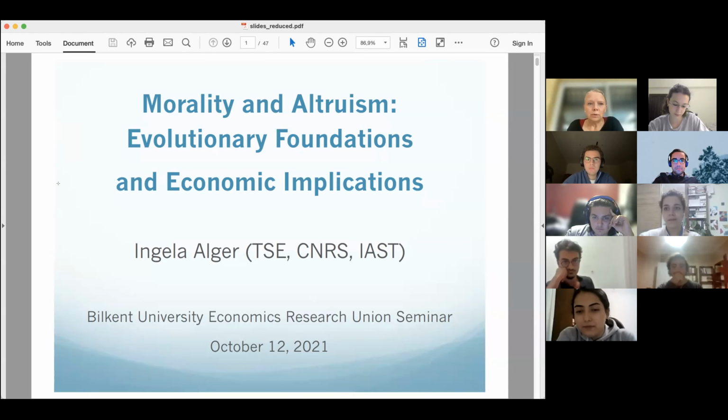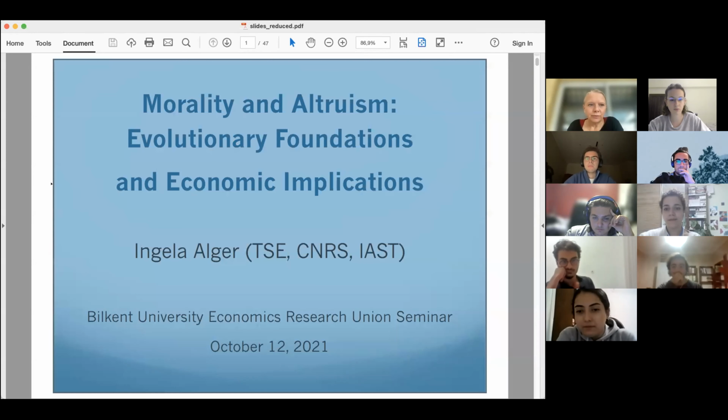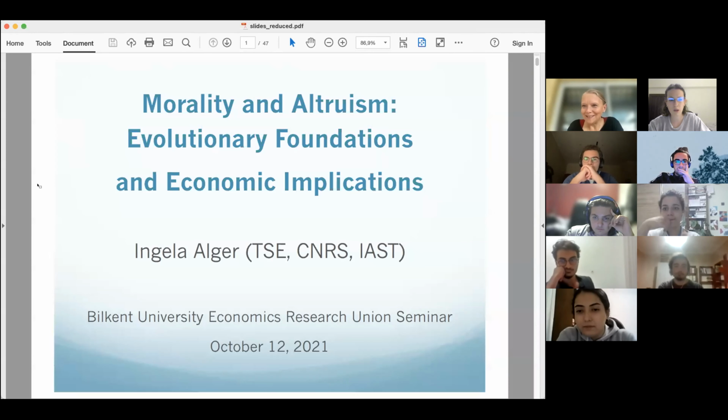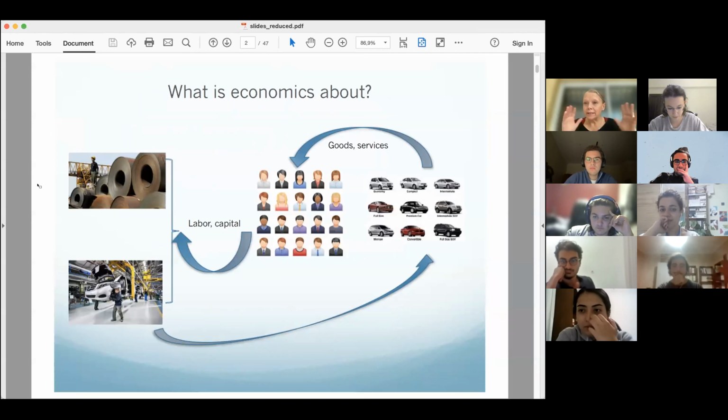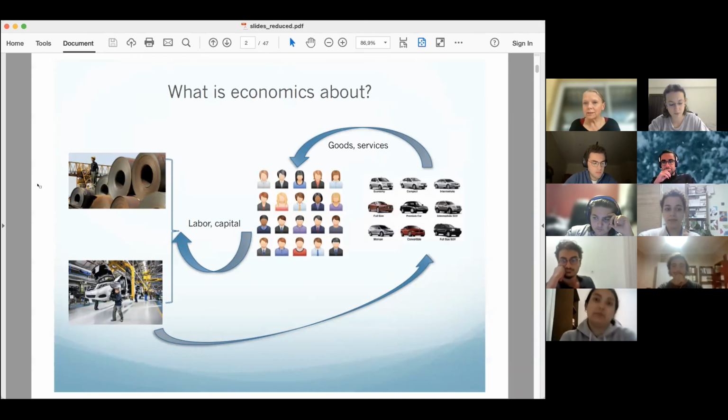I will start by going back to basics, with a general introduction to the whole question of preferences. So what is economics about? Economics is about the allocation of scarce resources. One of the resources is labor, and then we have raw materials that are made into intermediate goods, and those are put together into final goods.